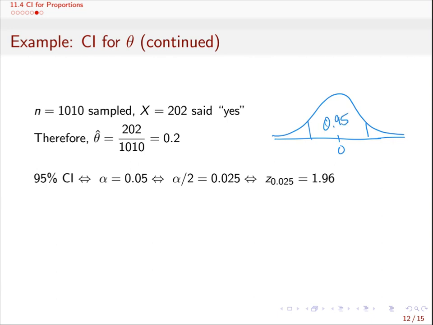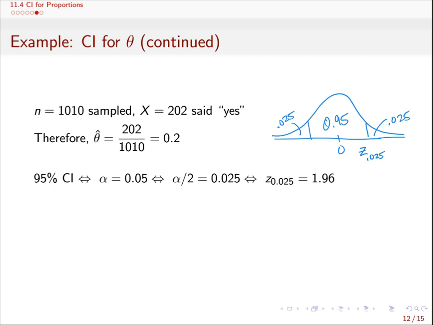That leaves the area for the remaining two tails to be 0.05, which we then divide in half, and 0.025 of area goes in each of the left and the right tails. So we need to find this cutoff value, which we like to call z.025, and I already have the number written here, but how might you find it?